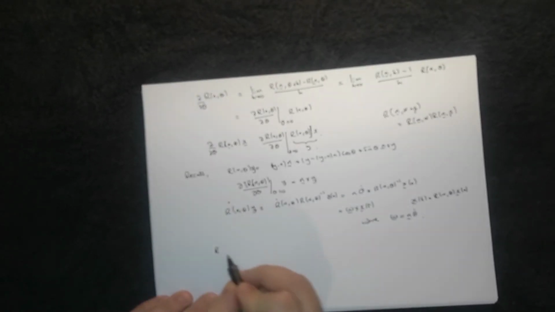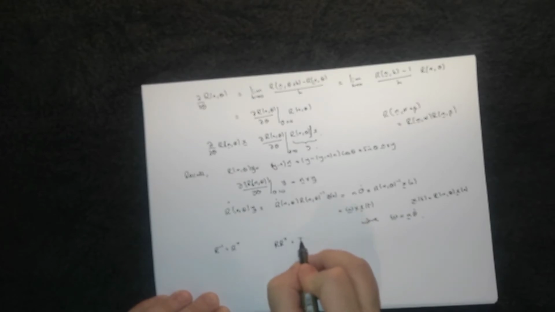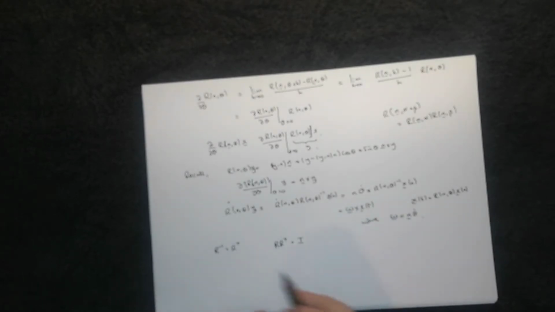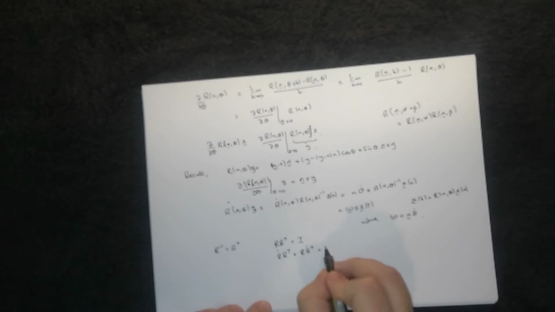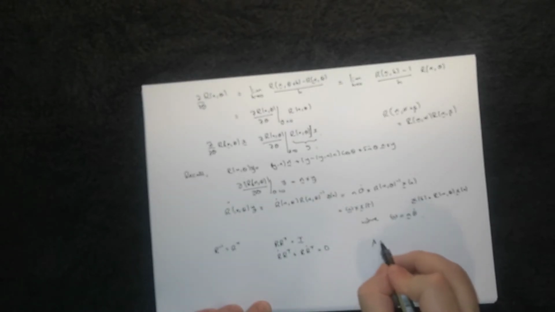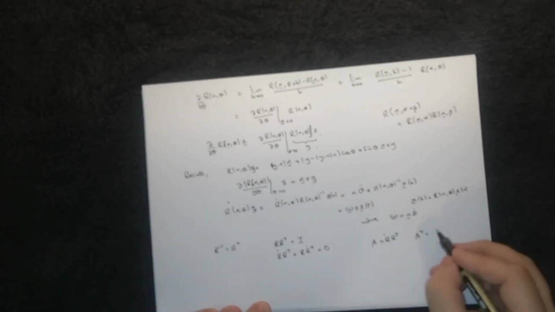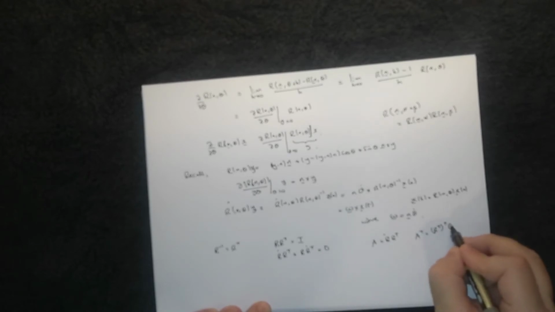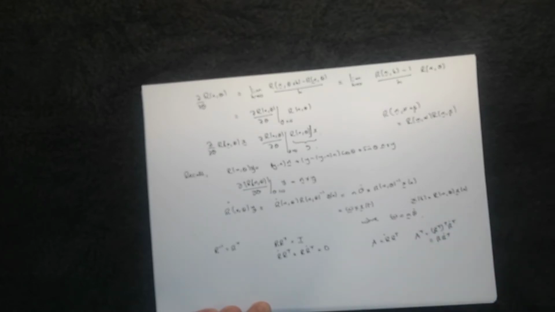Next, for any rotation, the inverse is the same as the transpose. So r times r transpose is the identity. Let's take the time derivative of this. We get that. And if A is r dot r transpose, then A transpose is r transpose transpose r dot transpose. That's r dot transpose.